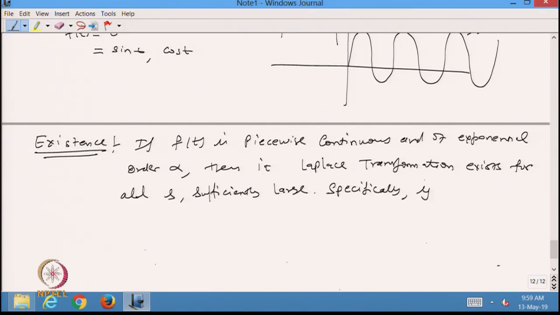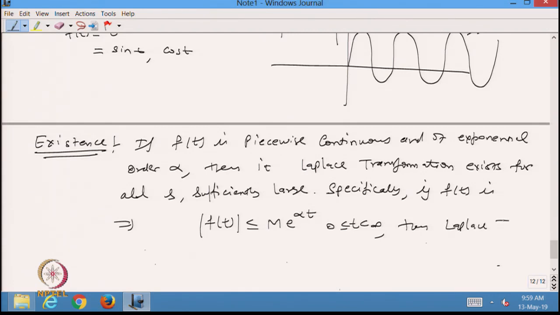Specifically, from here I can say that if f(t) is piecewise continuous and of exponential order, that is, |f(t)| is less than or equal to M e raised to power alpha t for t greater than some value, then the Laplace transformation exists.